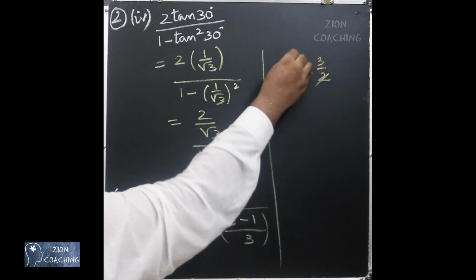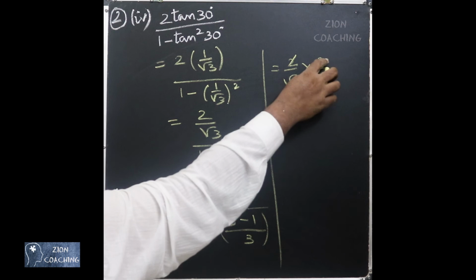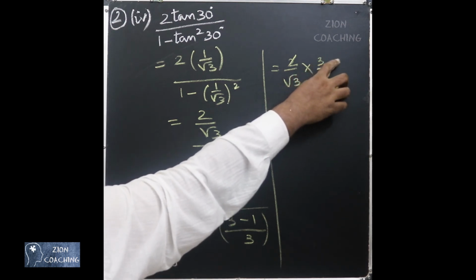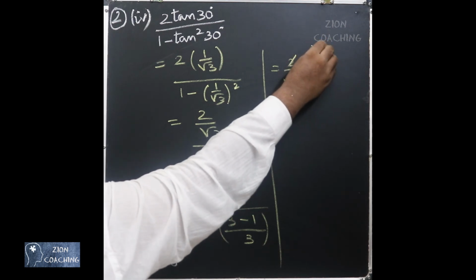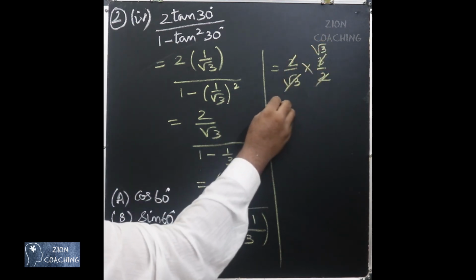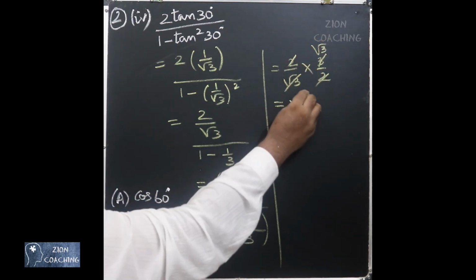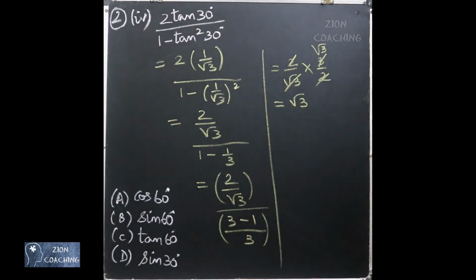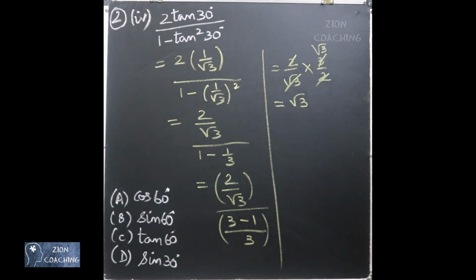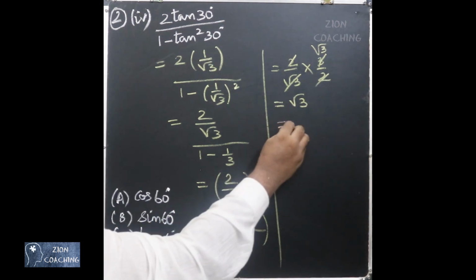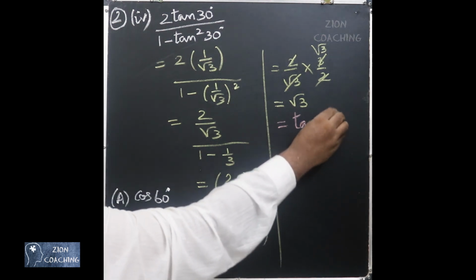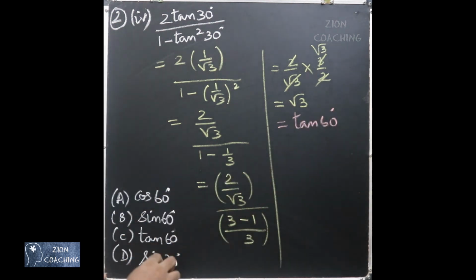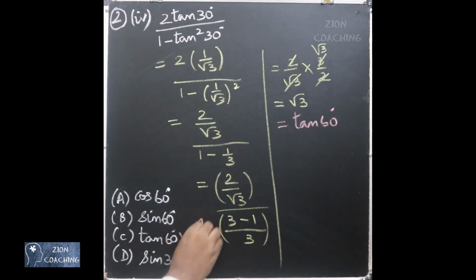So this 2 and 2 can be cancelled. 3 can be written as root 3 into root 3. So cancelling 1 root 3 and 1 root 3 you will be left with the other root 3. Finally you have only root 3. Root 3 is nothing but tan 60 degree. The value of tan 60 degree is root 3. So out of these 4 choices, C is the correct answer.